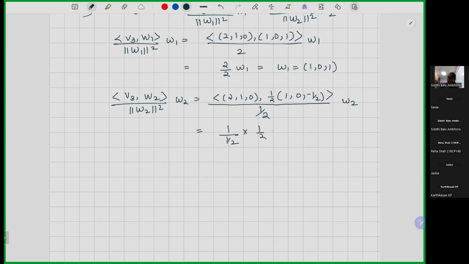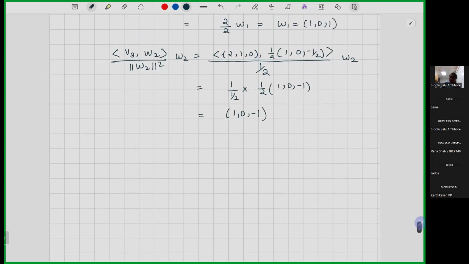Am I doing it correctly? Yes. So the norm is 1, the inner product is 1. Am I missing something here? Into W2, W2 is (1, 0, -1). So it is (1, 0, -1). That's it.